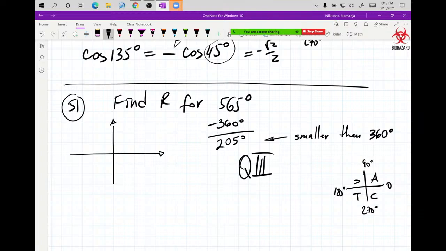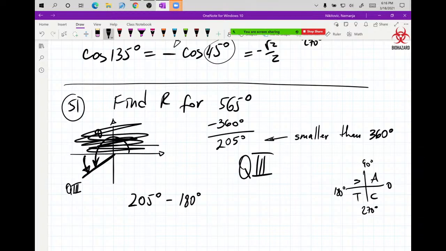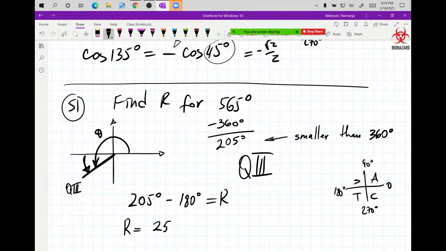If I know that my angle is somewhere in the third quadrant, that's my original theta, and this is what I need. So it's going to be the original 205, take away 180, which is the stuff that I don't want, and that will leave me with my R. So R equals 25 degrees.